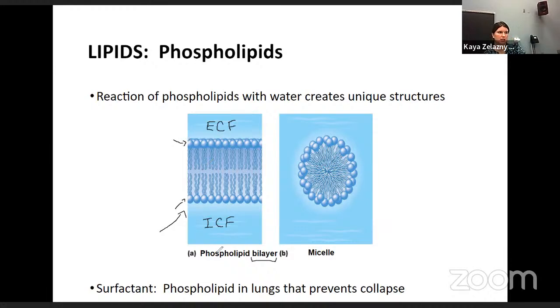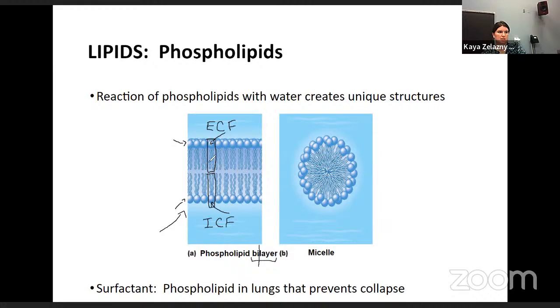Bilayer: bi means two, and layer is literally just a layer. We have two layers of phospholipids arranged in opposite configuration, end to end, with polar hydrophilic heads on the outside and on the very inside of the bilayer.